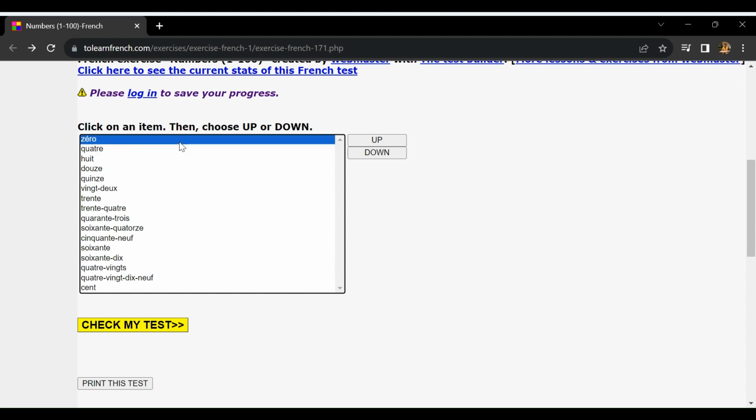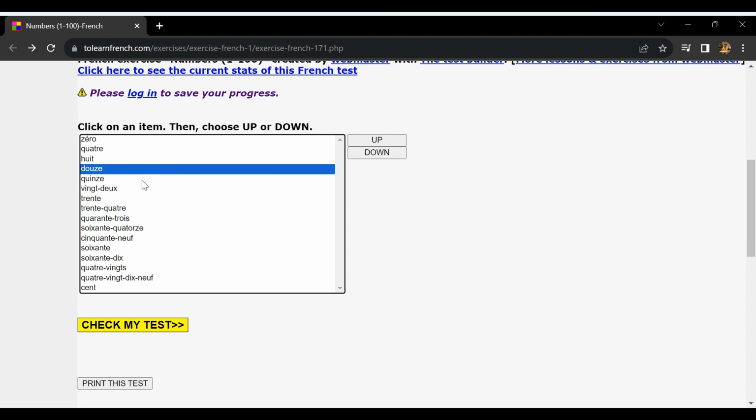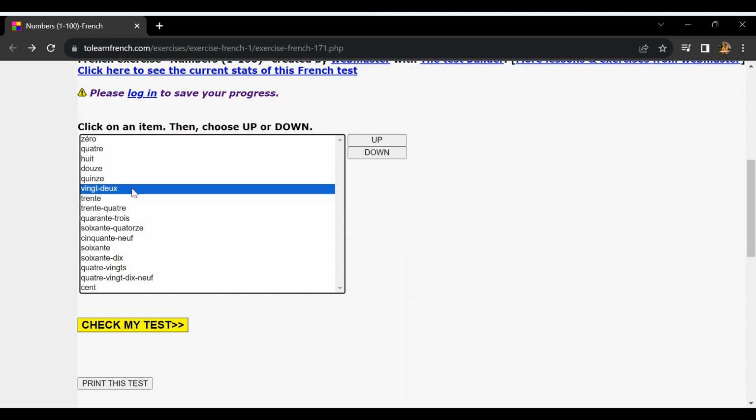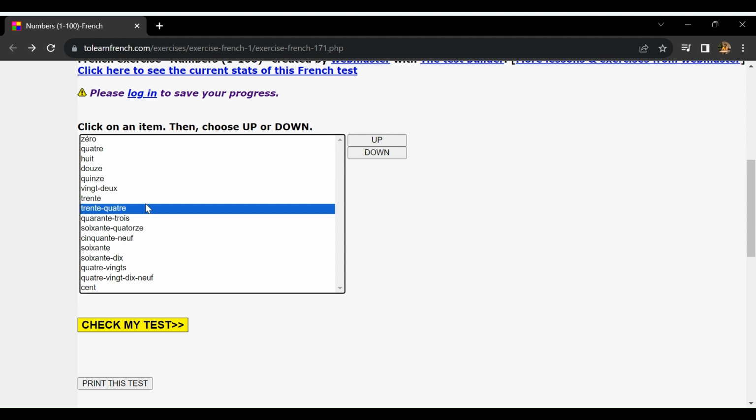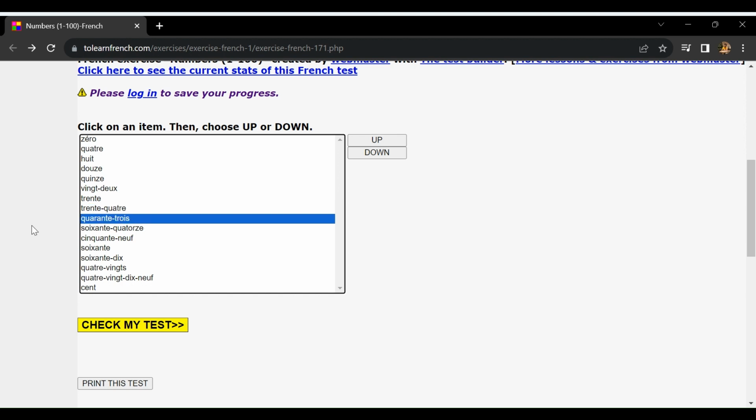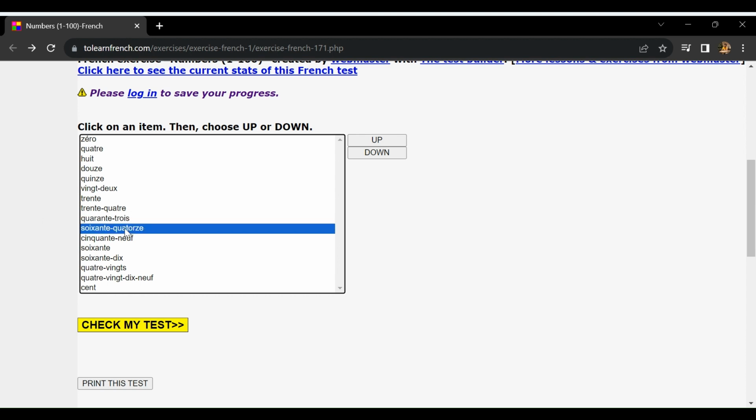Then zero is 0, quatre is 4, huit is 8, douze is 12, quinze 15, vingt-deux 22, and trente is 30, trente-quatre is 34, quarante-trois 43. Then there's soixante-quatorze, means 74.